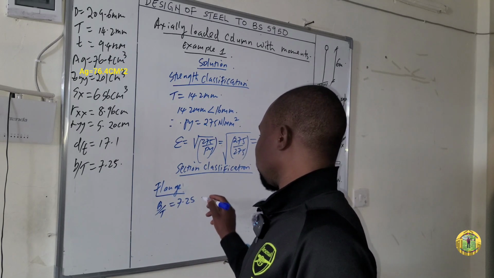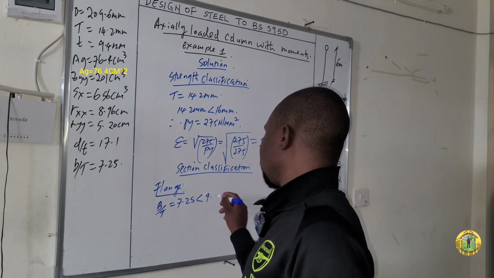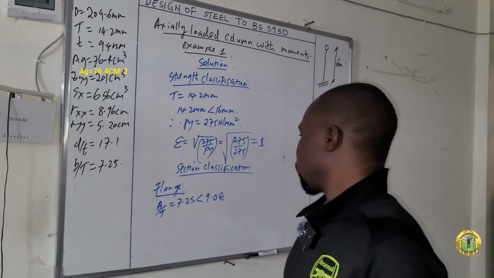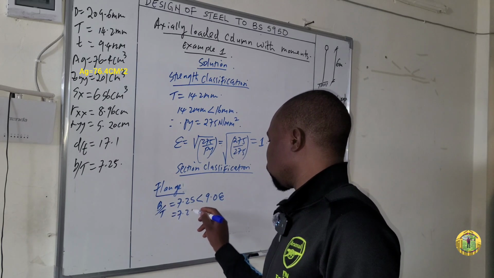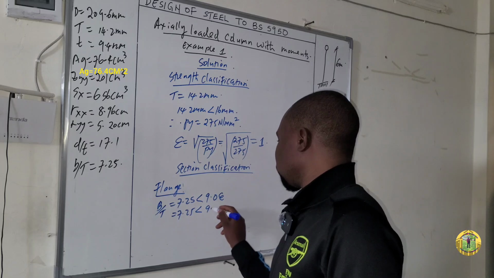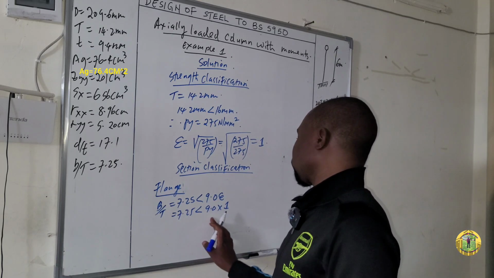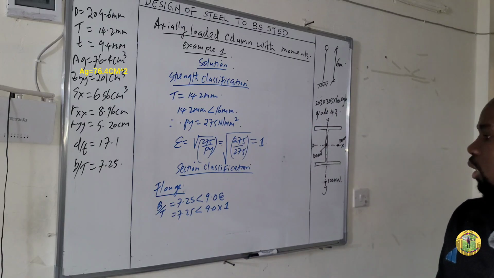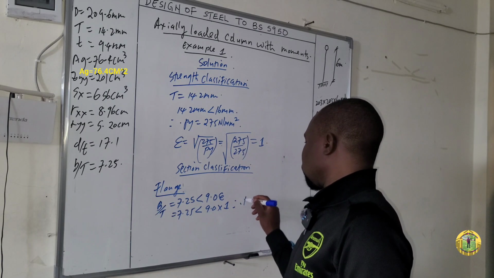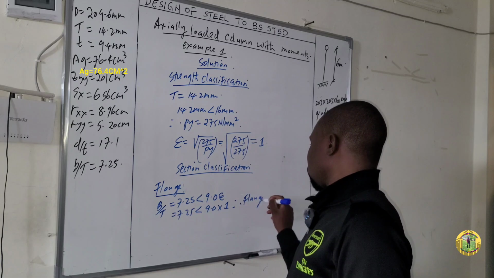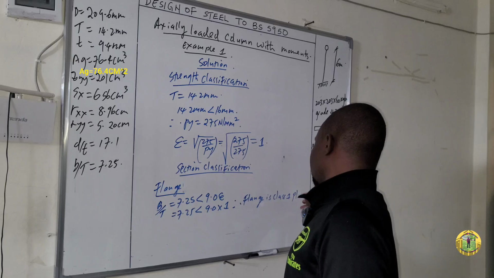And this 7.25, from the table, is less than 9.0 E. So 7.25 is less than 9.0 times 1. So it is true. Therefore, the flange is class 1 plastic.